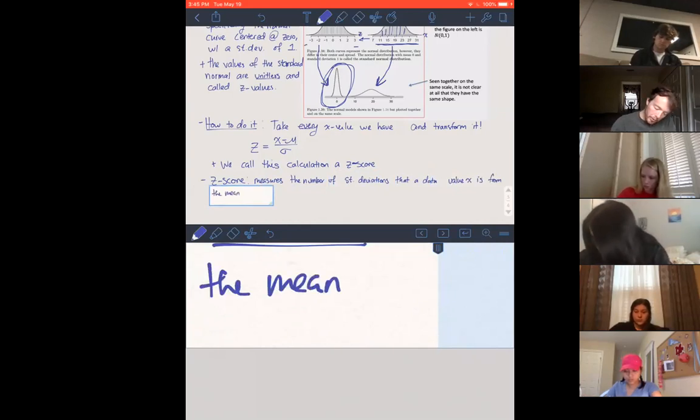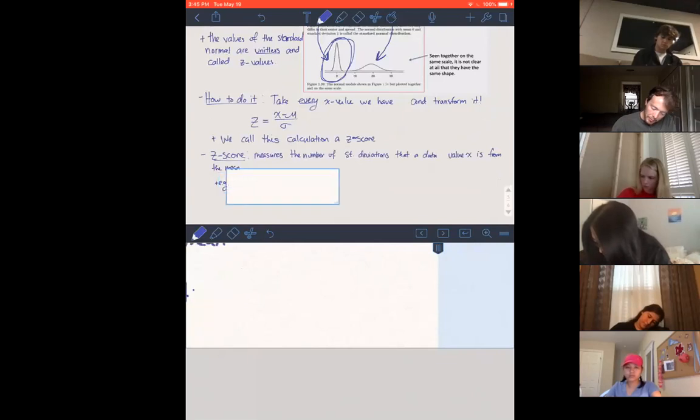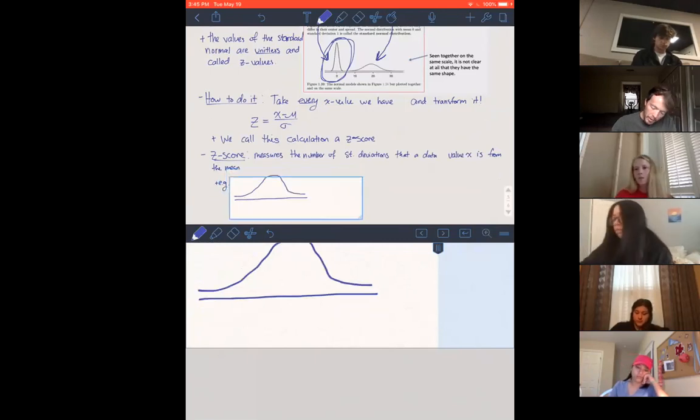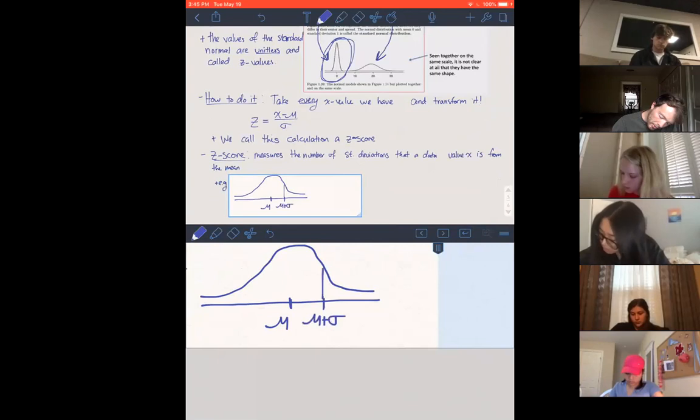So as a small example, and I think I'm just gonna, first time in class, just draw my own normal distribution. If I had a normal distribution centered at mu, and I looked at the point mu plus sigma, this is the point that is exactly one standard deviation above the mean.